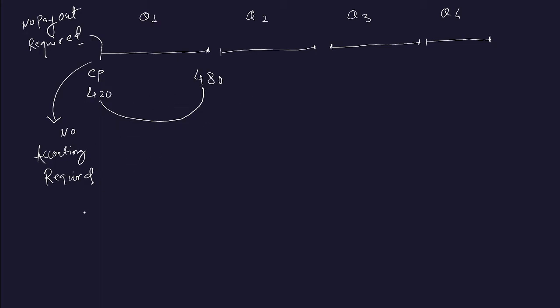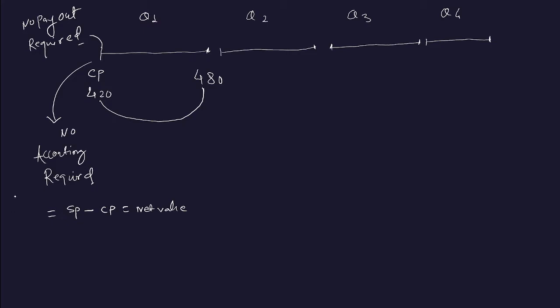480 minus 420, correct? Yes, sir. Spot price minus contract price would be your net value that you can transfer to each other.